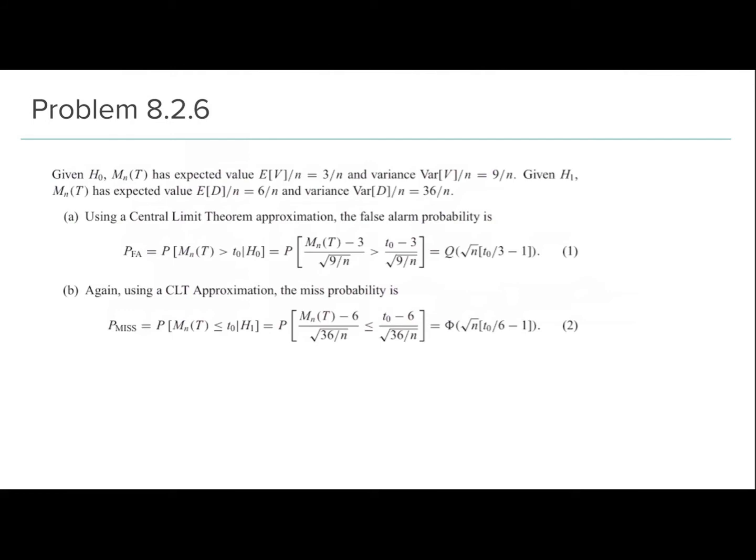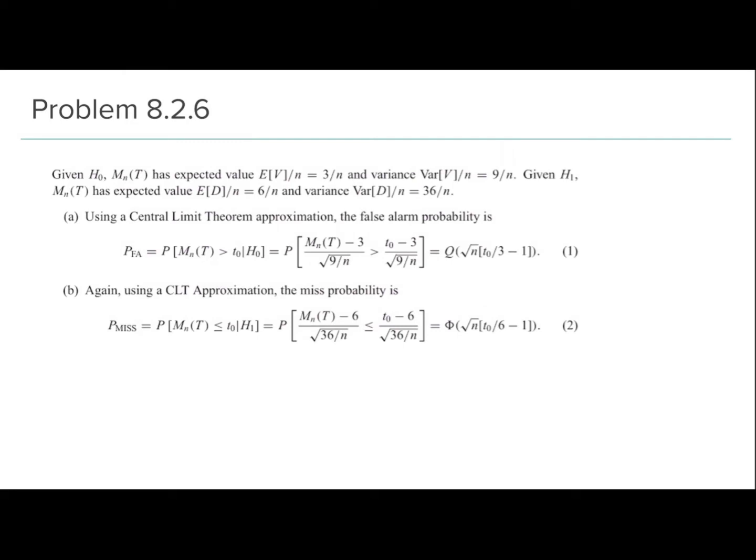So the probability of false alarm is equal to P[M_n(T) greater than t0 given H0]. And we know that M_n(T) in this situation has mean equal to 3 over n and variance equal to 9 over n. So now we're going to subtract and divide to get to a form closer to the central limit theorem, right?